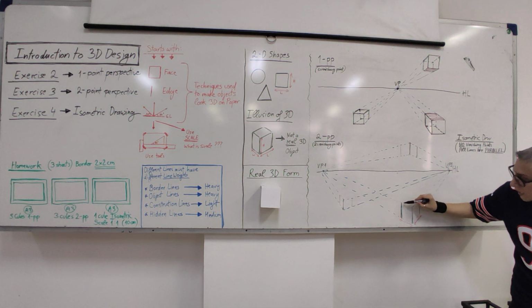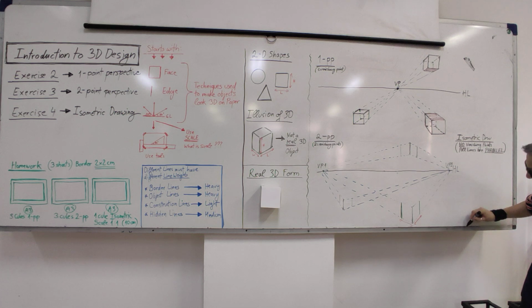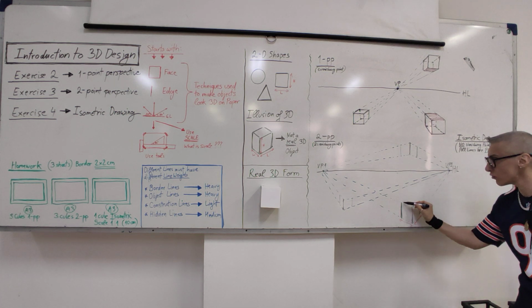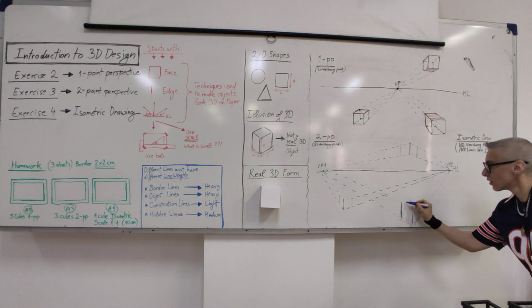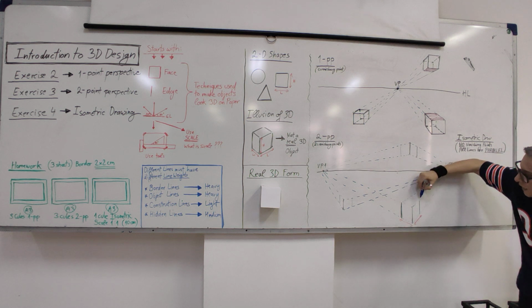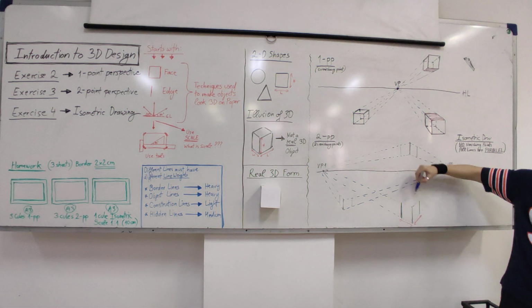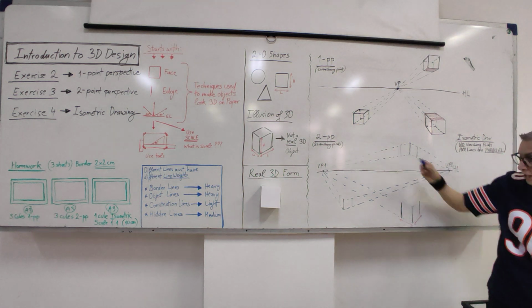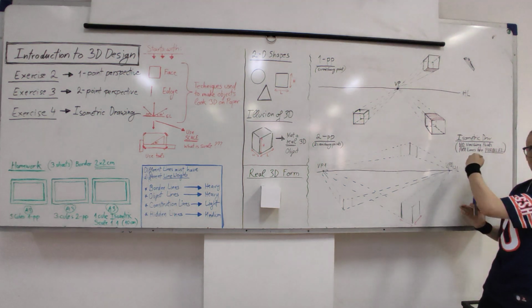Now we made these two lines. We have other points now that we need to connect to the vanishing points. So this we connect to the vanishing point. And look, this one we connect to this vanishing point. This one we connect to the other vanishing point. It's like the opposite, okay? This side there, this side here.